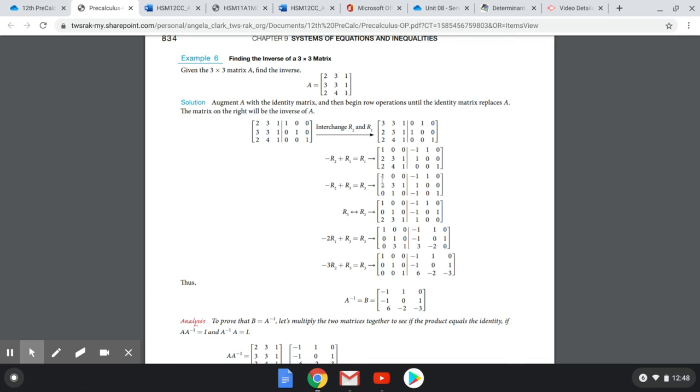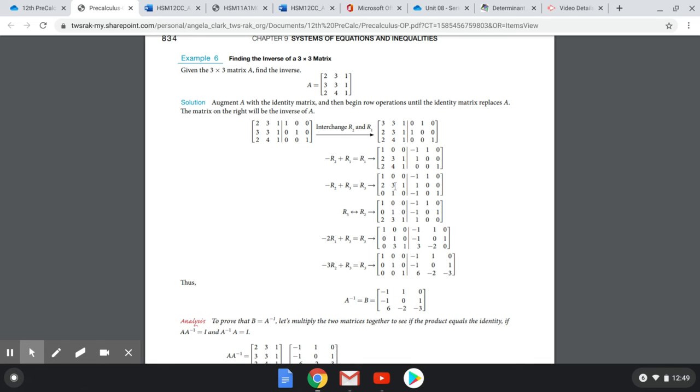So the first thing that they did was they multiplied again the second row by -1 and added it into the third row. So they multiplied this by -1 and then added them together and put it in the third row. I don't know why they put it in the third row.